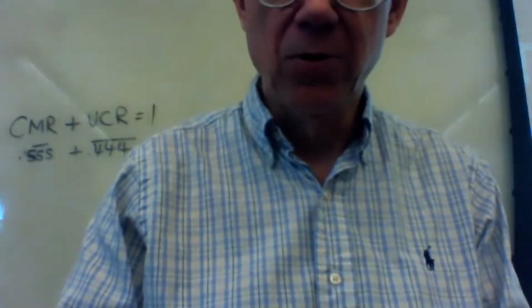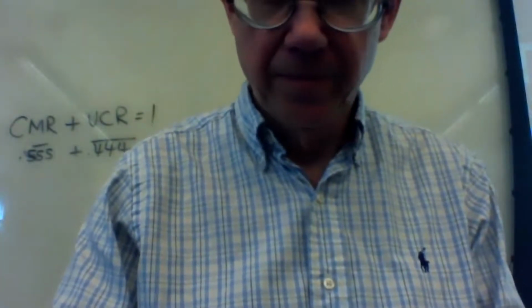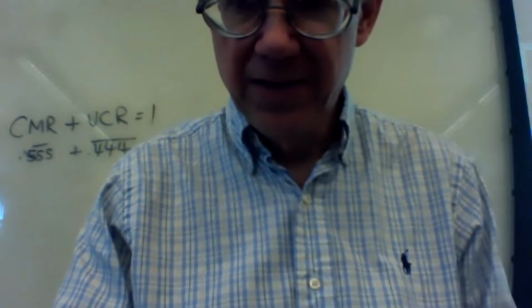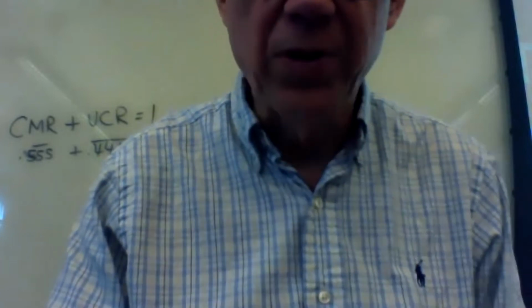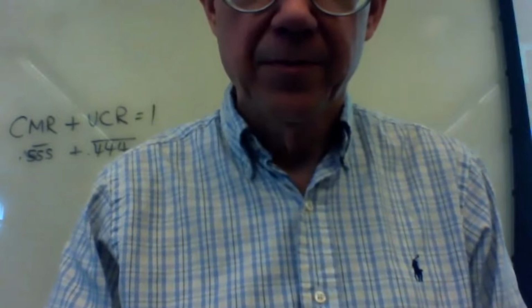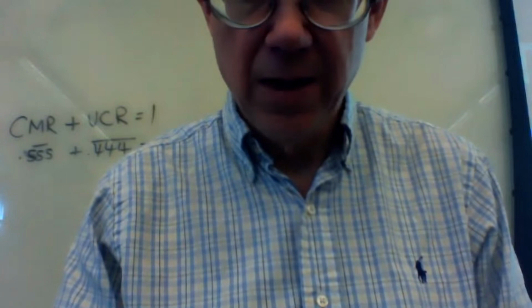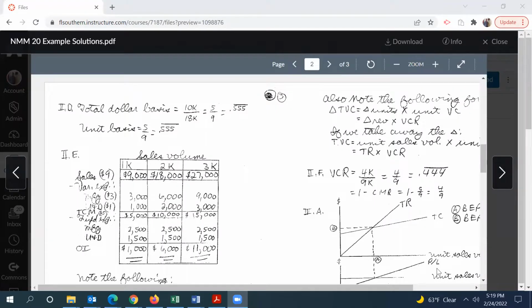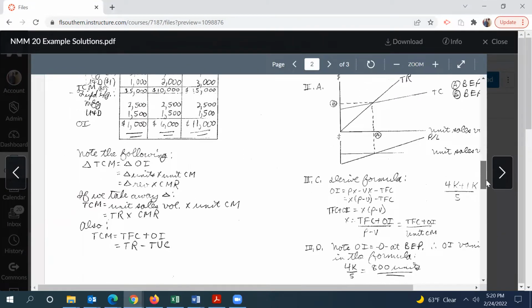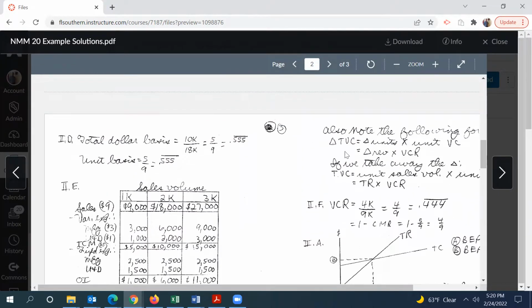I'll go back here to my notes. And some of this information here, I'm going to go ahead and skip. Share my screen if you're online. All right. So some information I will skip. If you want to look at this information, right under our pro forma income statements, and also at the top of the next page, you can.